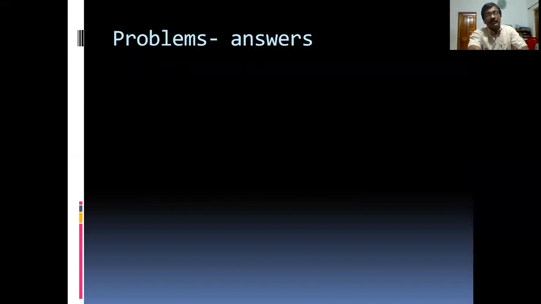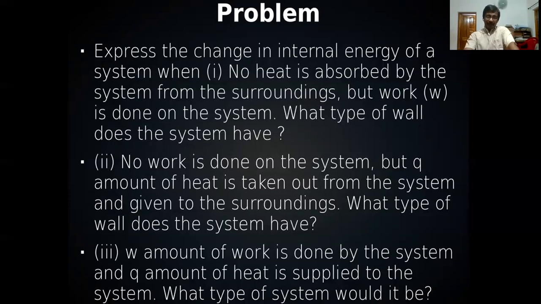And the last one, W amount of work is done by the system. W amount of work is done by the system means W is negative. And Q amount of heat is supplied to the system, so Q is positive. What type of system would it be?